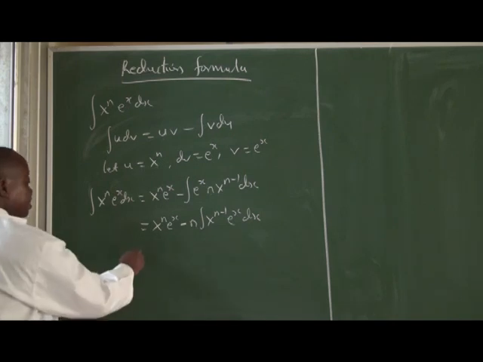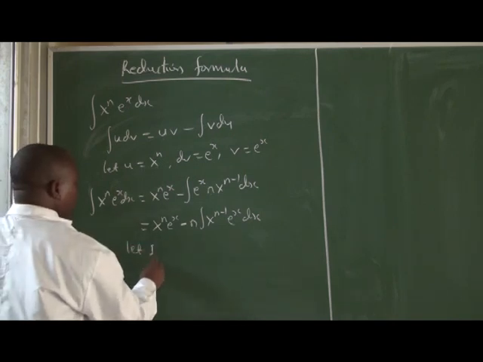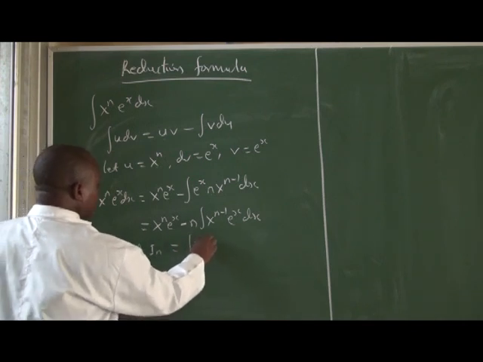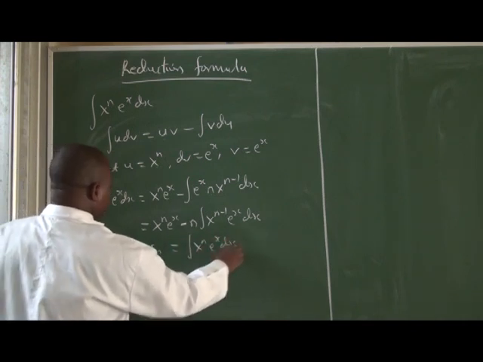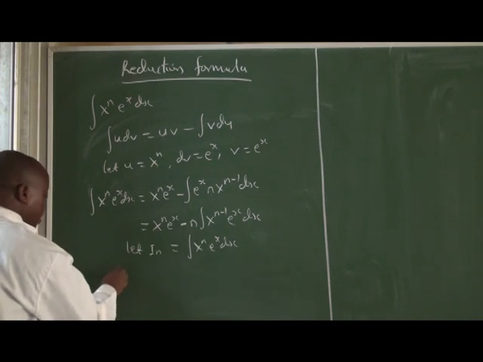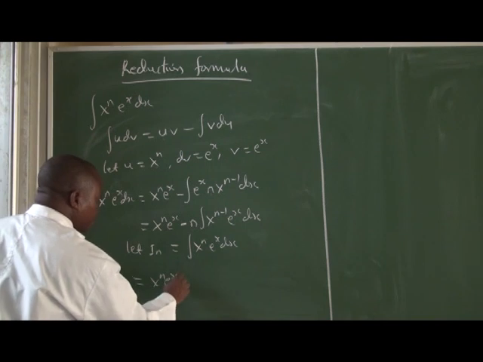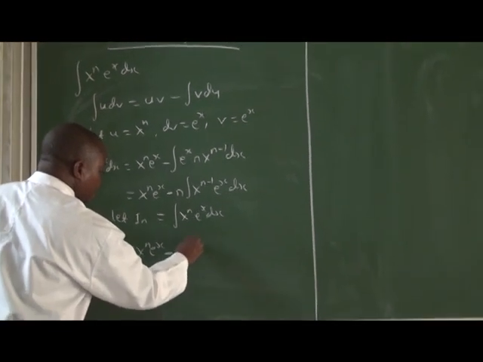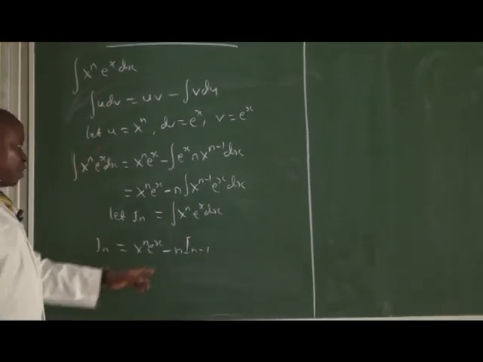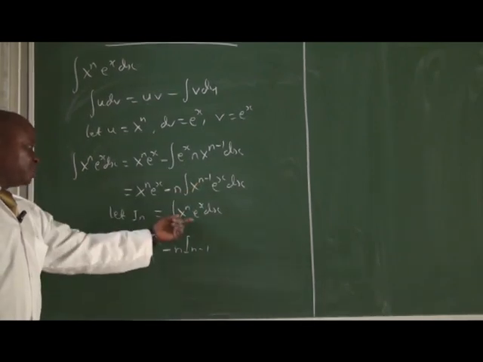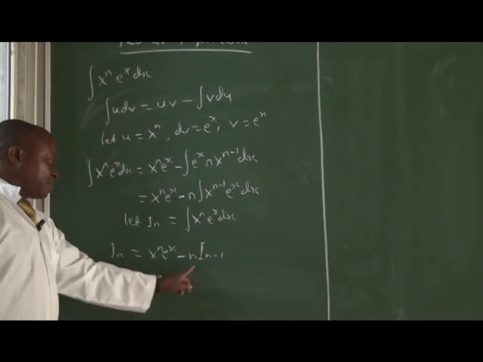Now if I let I_n denote the integral of x^n e^x dx, it means that I can write I_n equals x^n e^x minus n I_(n-1), because this place is n minus 1. So since I_n denotes this, now that I have I_(n-1), I will write it like this.